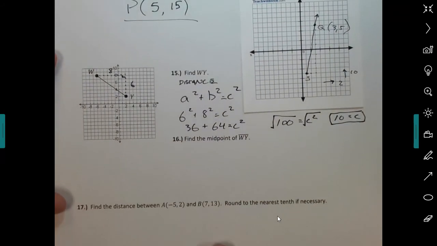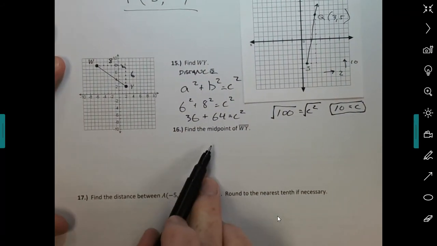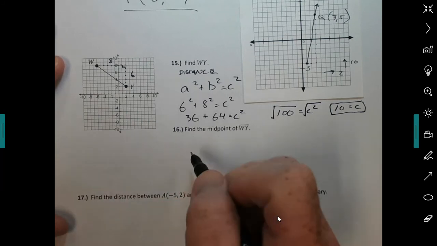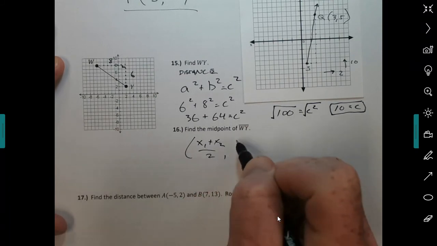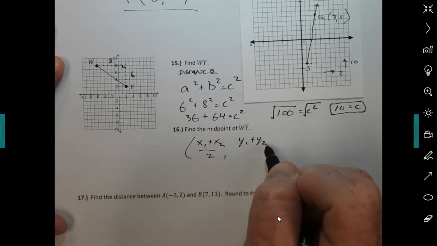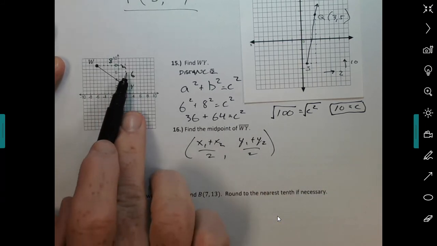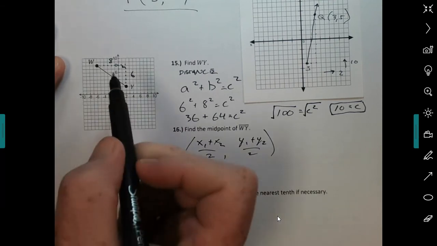Okay? Now, they want us to do the same thing, but with midpoint. And there's a couple ways to do this. One, we have a midpoint formula. Could go after that. That's not too tough. But also realize if we had to rise 6 and run 8 to get from one point to the other, the midpoint's going to be half of that movement.